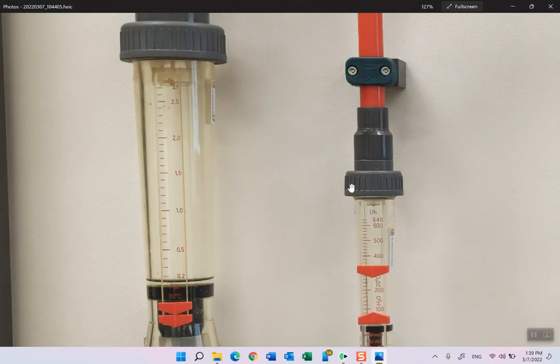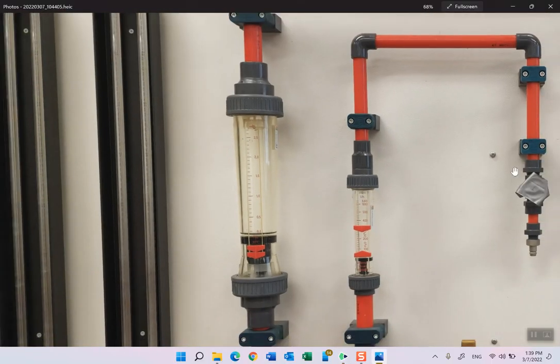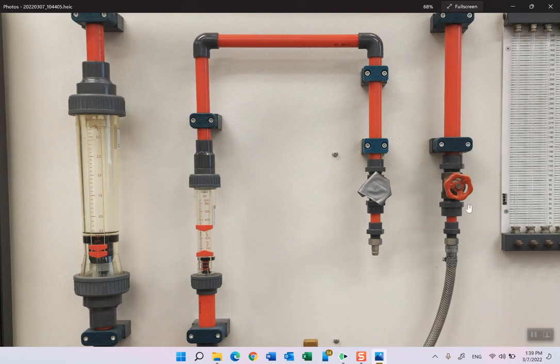You will see that there is something called the control valve, this red circle here. This red circle allows you to control the flow. If it is fully open, it will allow more water to come into the system. This means that the flow rate is very high, and once you start to close the control valve, you will reduce the flow rate. So this is how you will determine the amount of flow that is passing into your system.